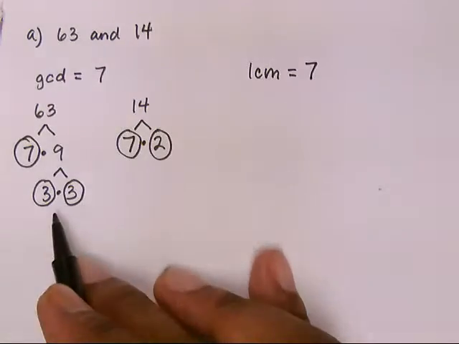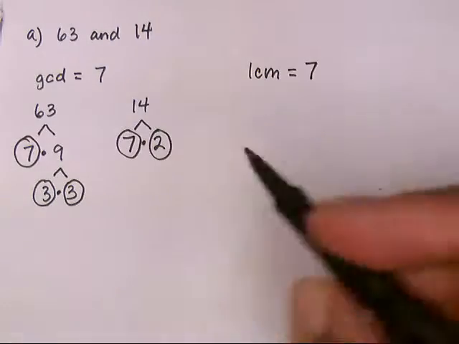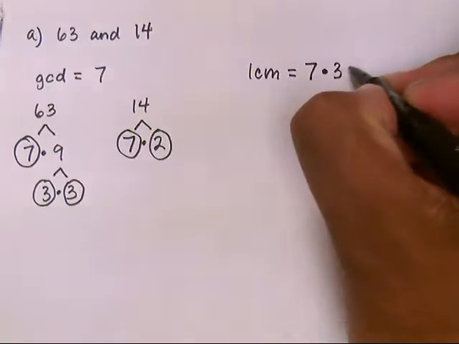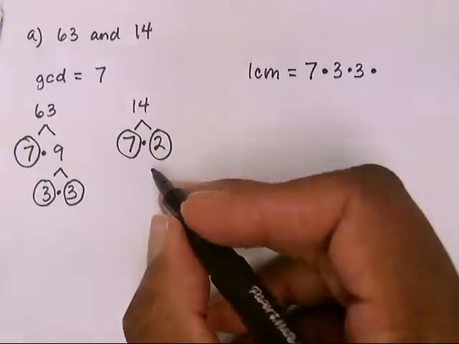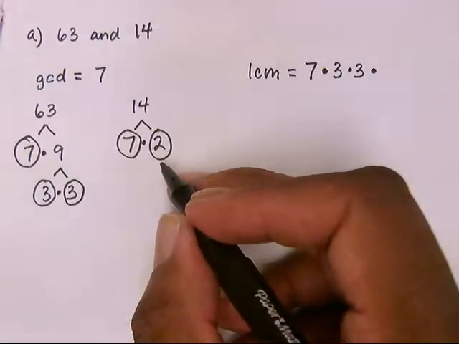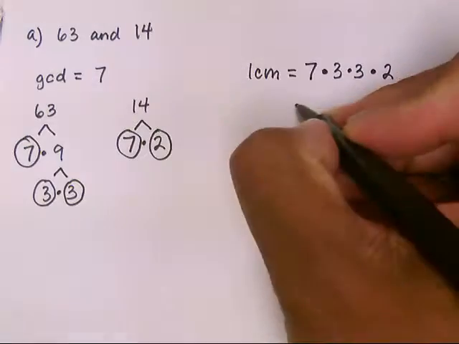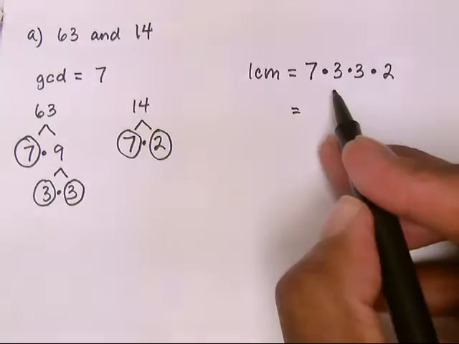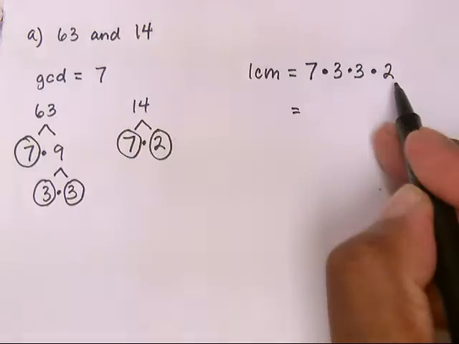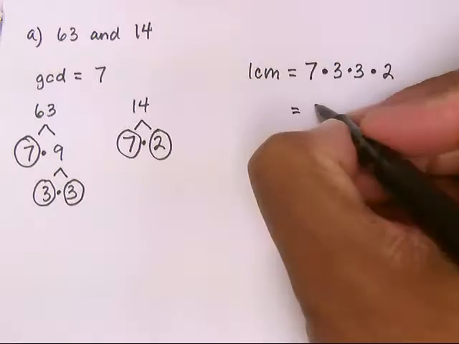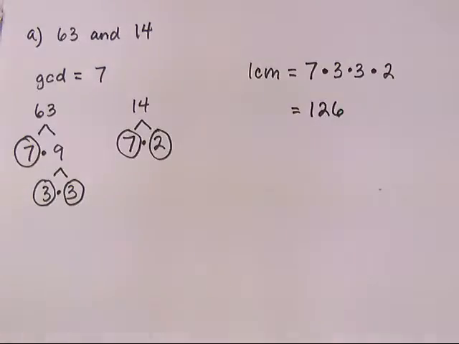Here we use the 3 twice, because 3 is used as a factor twice in a single factorization. And also we use the 2, because 2 is used as a factor once. So we multiply 7 times 3 times 3 times 2. When we multiply all that out, you'll get 126. So the least common multiple of 63 and 14 would be 126.